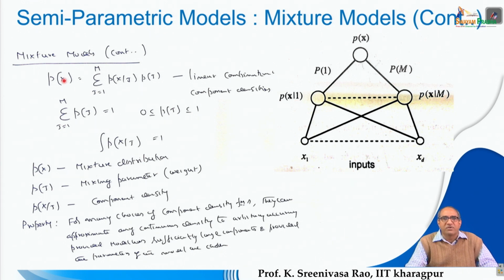Similarly in the case of mixture models, here you can see this is one Gaussian function, and likewise there are multiple Gaussians, and this is another Gaussian.